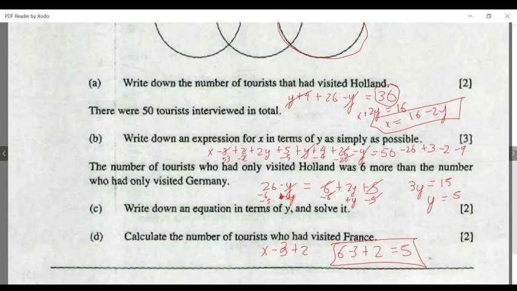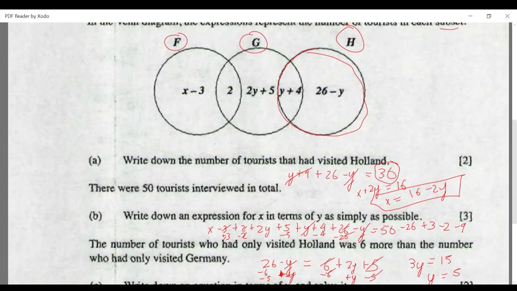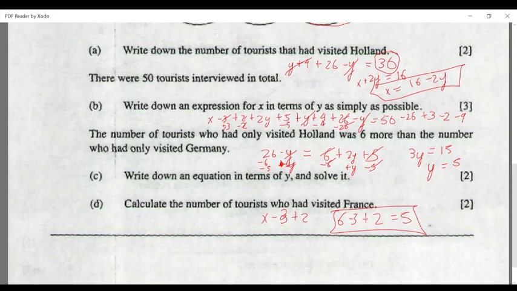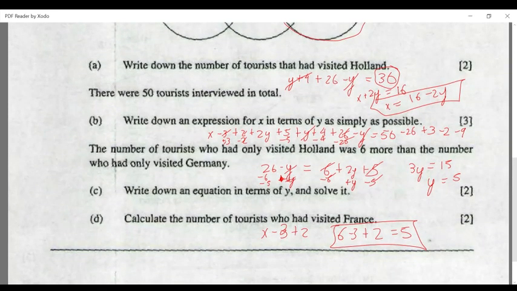Last part of this says to calculate the number of tourists who had visited France. So the number of tourists who visited France is x minus 3 plus 2. And we know what y is. Y is 5.